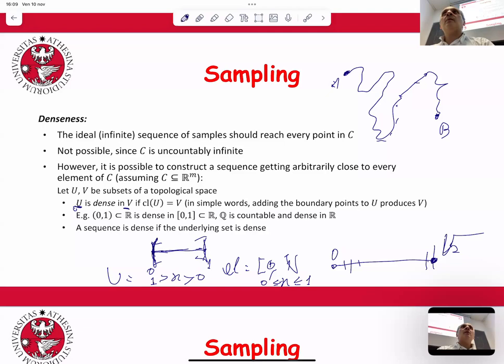Okay? Now, it's a little bit complicated to show, but if you take the rational numbers, the ones that can be expressed as m over n, with m and n integers, the closure of the rational numbers are the real numbers. Okay?